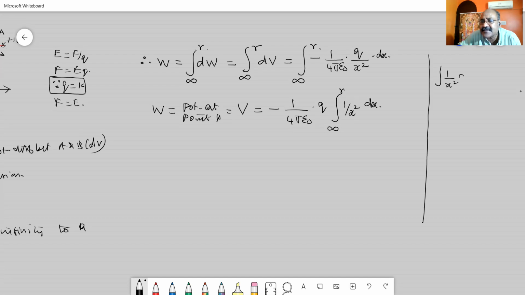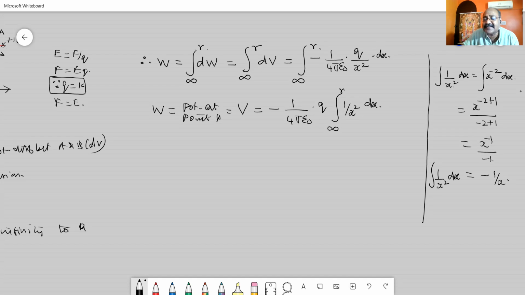Take x to the numerator: the integral of x power minus 2 into dx. When integrating, I have to add 1, so x power minus 2 plus 1, and take that value to the denominator, giving x power minus 1 by minus 1. So the answer is minus 1 by x. The integral of 1 by x square dx is equal to minus of 1 by x.